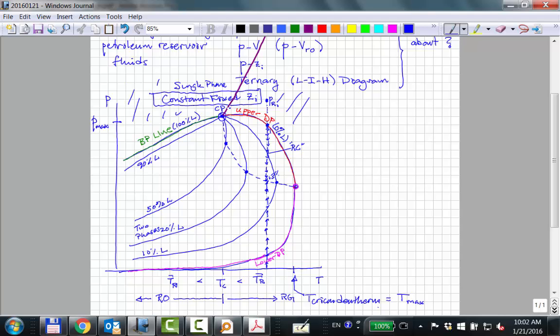What's the definition of how you identify these points? You said the maximum temperature of each line, right? Yeah, basically if you take a certain percentage, 50%, you take the maximum, if it has a maximum. So you have to do it for every percentage that has a maximum. You just join those points until you reach the cricondentherm. Yeah, and then that defines the region of retrograde condensation.